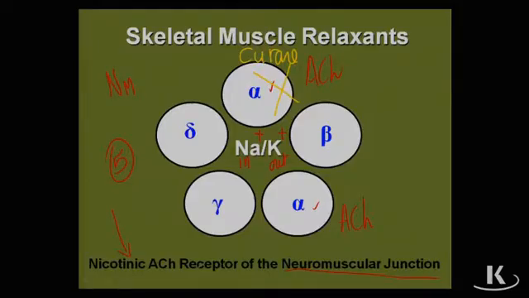These drugs will be competitive antagonists. They are therefore reversible. And the way to reverse competitive antagonists, as we know, is to increase the actual normal ligand for the receptor. How could I increase levels of acetylcholine to kick the curare off of its binding site? You know, we've seen it already, indeed, in the autonomic nervous system.